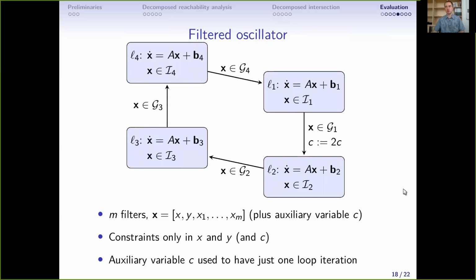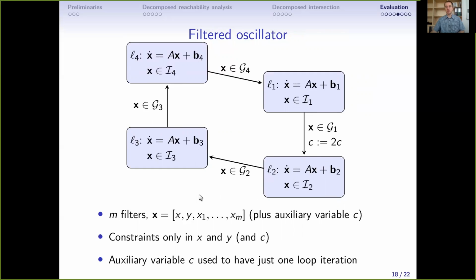Okay, before I come to the results, I want to quickly talk about the most interesting model. This is called a filtered oscillator, and you have 4 locations with a loop in the graph structure. We added an auxiliary variable to restrict the iteration to 1 loop.